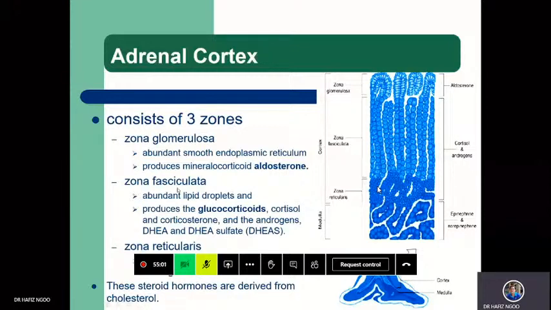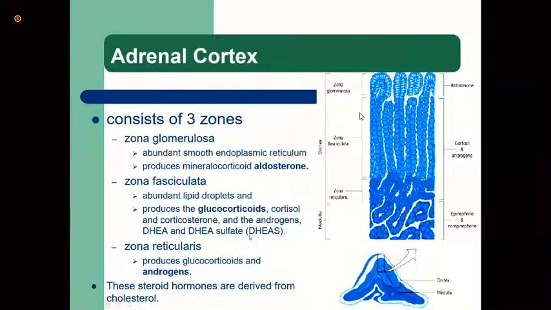What happens when the enzymes are activated, and how does this relate to J and K? Basically, your adrenal cortex is the one that produces cortisol, and your medulla is the one that releases epinephrine.